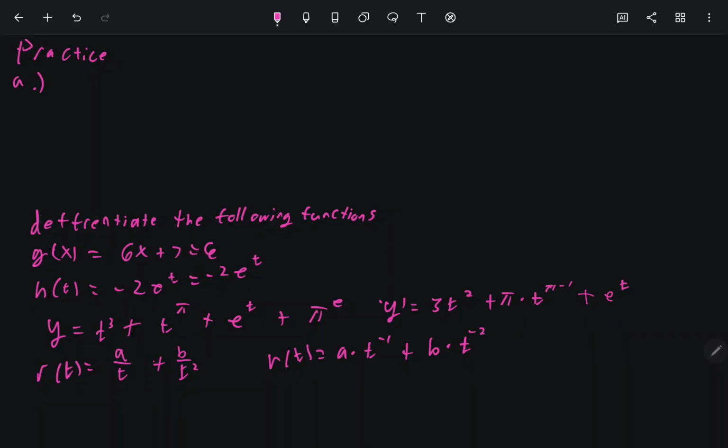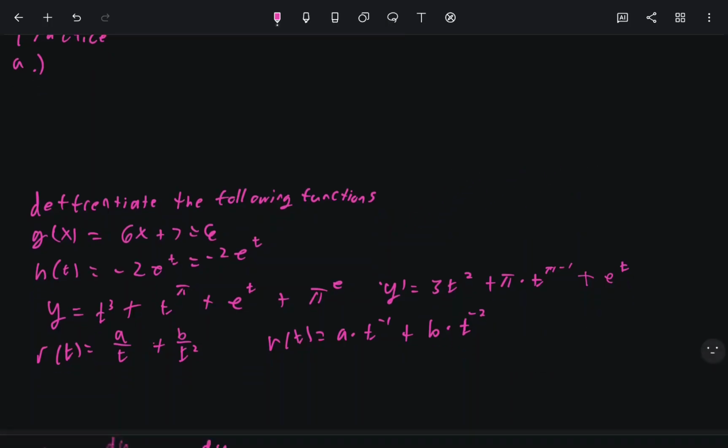Alright, because b over t squared is just b times t to the negative 2, sorry. To the negative square root. No, that's not real notation.